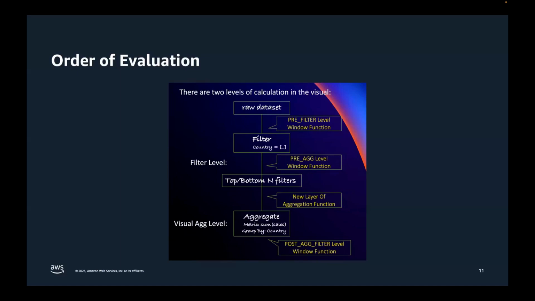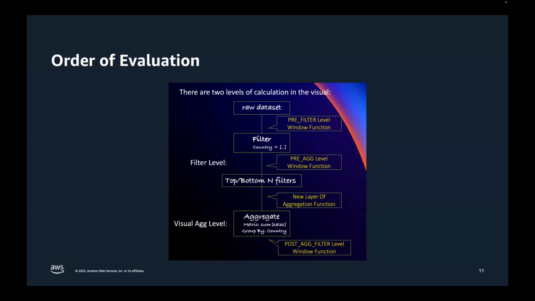Then possibly the LAC aggregation function would be a good fit. But if you want to do more complex calculations, then the LAC window function is possibly the right fit. And if you want to control where that calculation happens, like a pre-ag or a pre-filter calculation, then you would need to go for LAC window functions. So it depends on the use case.